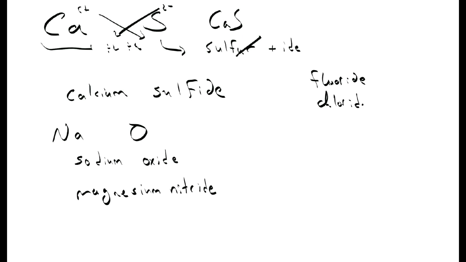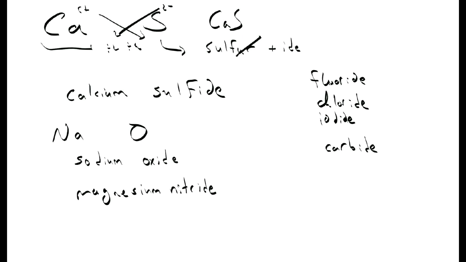Chlorine becomes chloride. Iodine becomes iodide. Okay, a lot of these are fairly obvious. If they're not, feel free to ask. But let's see, carbon becomes carbide. Okay, so you look at IDE, you're looking at a compound.